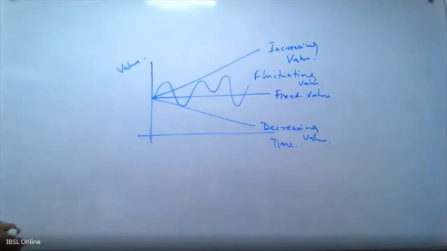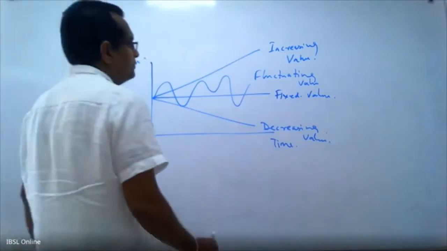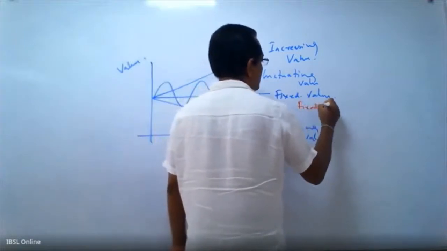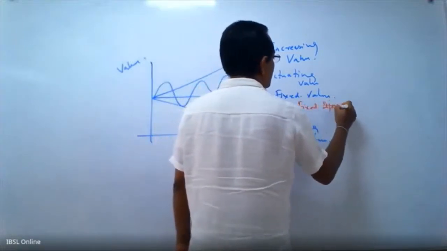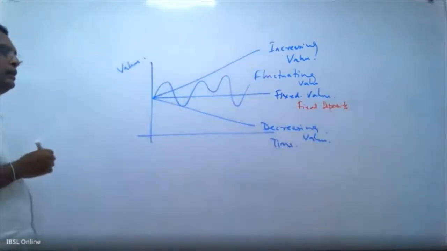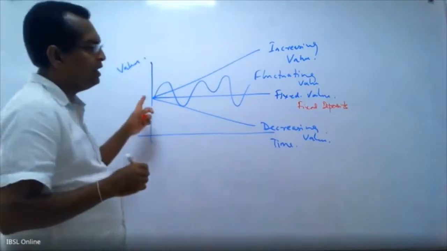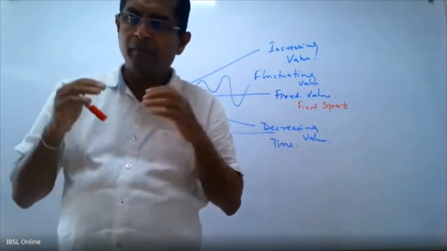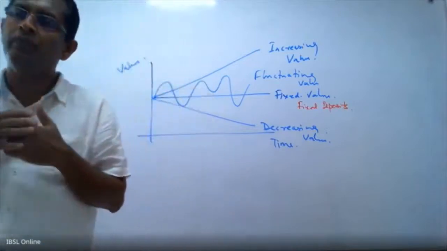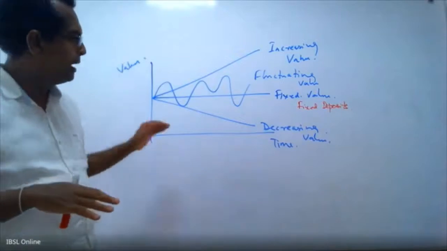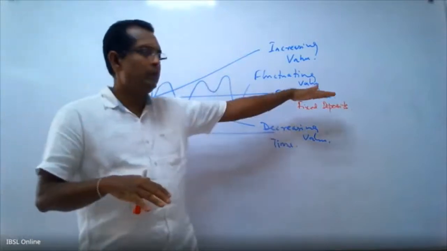If I give you an example, fixed deposits, cashback security, it is a fixed value security. The face value of the deposit would be the same even after 10 years. Maybe the purchasing value comes down, but the face value is the same.